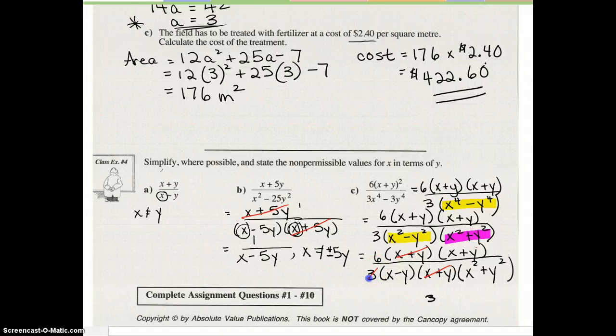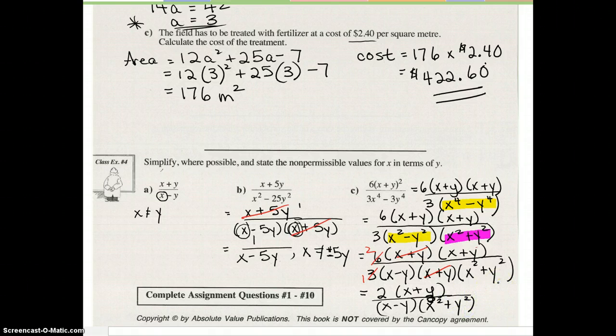I know that 3 goes into 3 once and 3 goes into 6 twice. So I can simplify those whole numbers. What I'm left with is a 2 times x plus y, and on the bottom I have an x minus y, and I have an x squared plus y squared.